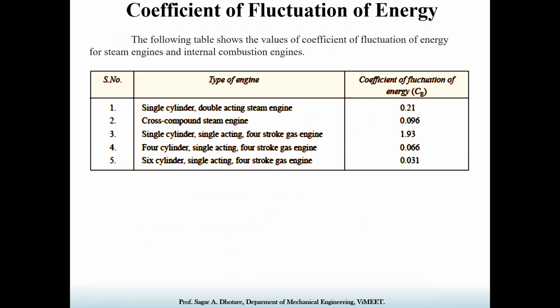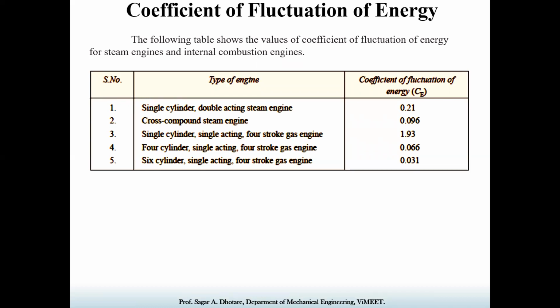Similarly, you can find the coefficient of fluctuation of energy for different types of operations. For a single cylinder double acting steam engine, the coefficient of energy fluctuation is about 20%. For cross compound steam engines, only 9 to 10% energy fluctuation is there.